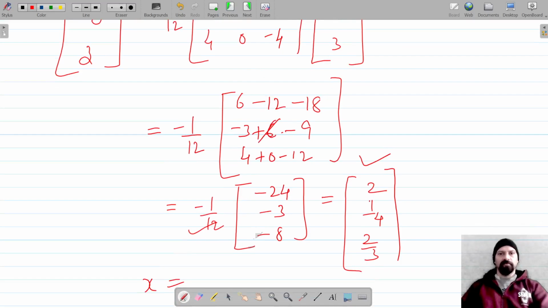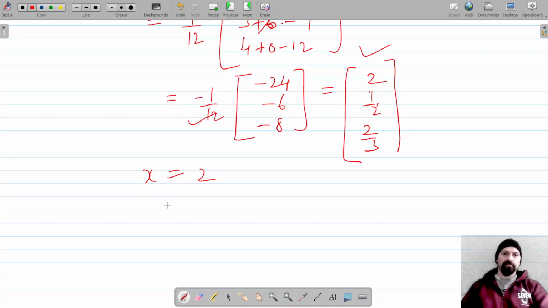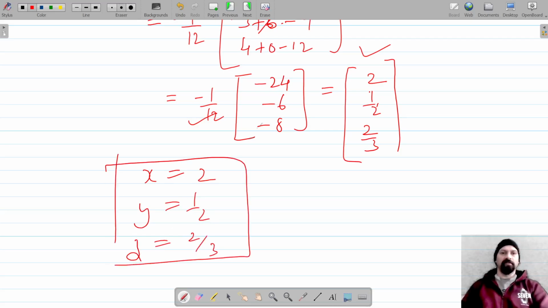So now the 6 remains here and we get minus 3 plus 6 is 3, minus 9 is negative 6, which gives me 1 by 2. So x is 2, y is 1 by 2, and z is equal to 2 by 3. These are the values of x, y, and z.